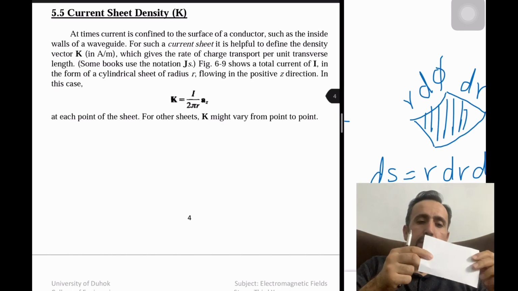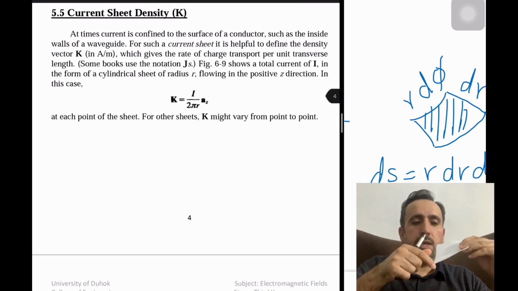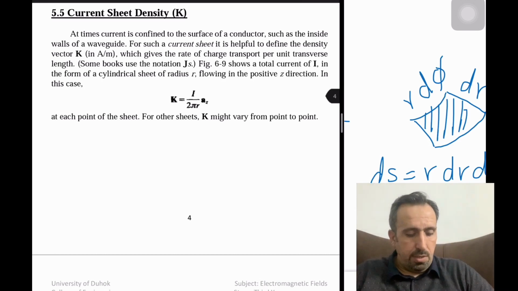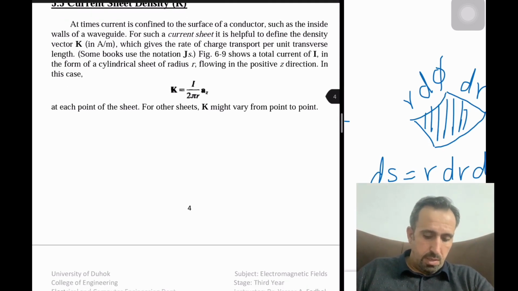And if it is not a cylinder, just a certain sheet, the current will be divided on this length, or this length, depending on its direction. Let's get back to the section now.